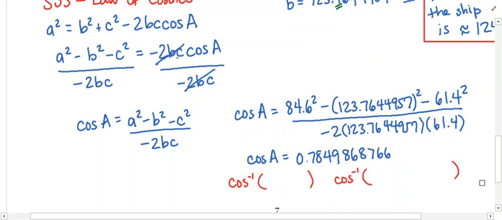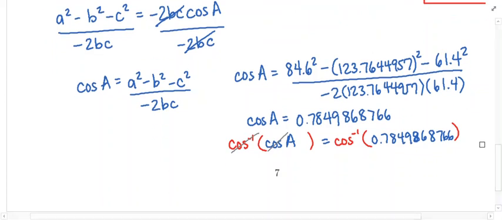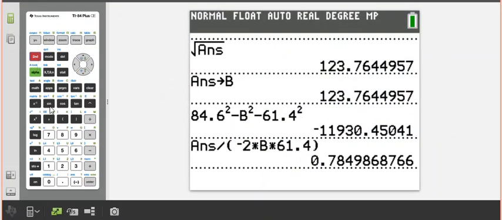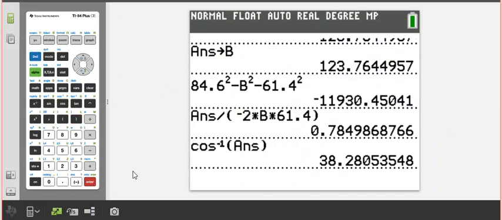I'm just going to rewrite all of this, and then we'll pop it into the calculator. On the left, the cosine inverse and cosine will cancel, leaving us with angle A. So we're just going to do the cosine inverse of this result. And there we go.